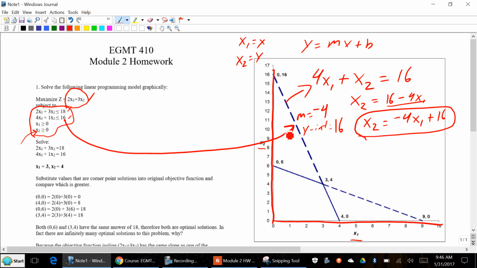Does everyone see that? Okay. And then this equation right here is going to be this line. What I'm trying to show you, and you probably already know how to do this, is how you take those equations and turn them into just two lines.